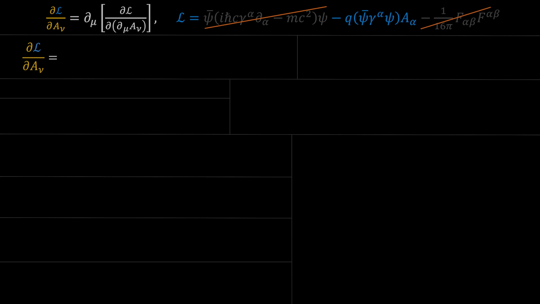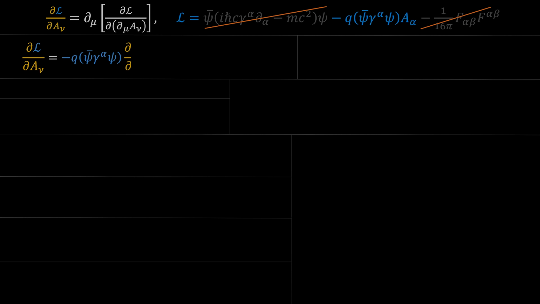Okay, sweet. So we only have to worry about the interaction term, and that term directly depends on the components of A, where just go ahead and imagine that negative q, psi bar, gamma alpha, psi, is all a constant with respect to the component A alpha.